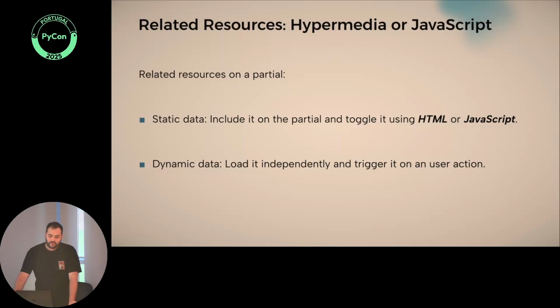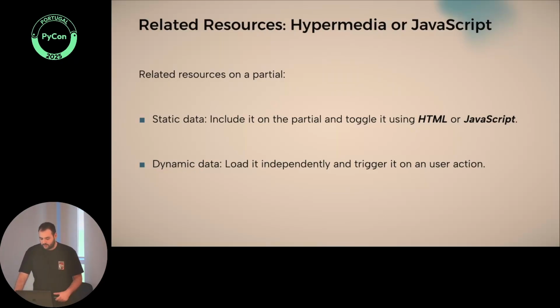Next is an approach for hypermedia or JavaScript. This is for related resources. So let's say you have a table that when you click on an action, it opens a modal or a related element that is not displayed when the page is shown. Some people like to toggle it with JavaScript.